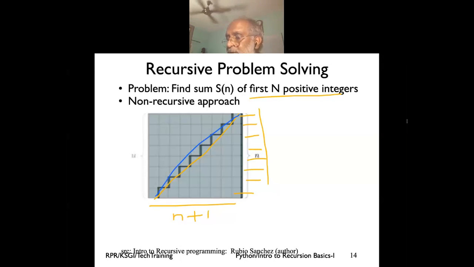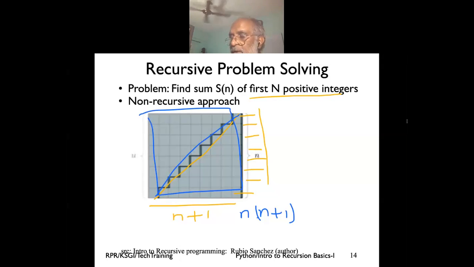So if I take n into n plus 1, that gives me the total number of squares. And since the two diagrams are symmetric, I divide by 2 and I get the answer. This is a non-recursive approach. Are we okay here? The sum of 1 to n would be n into n plus 1 by 2.